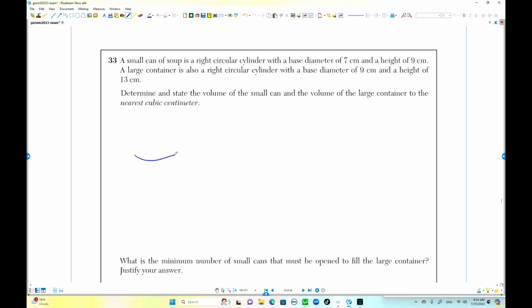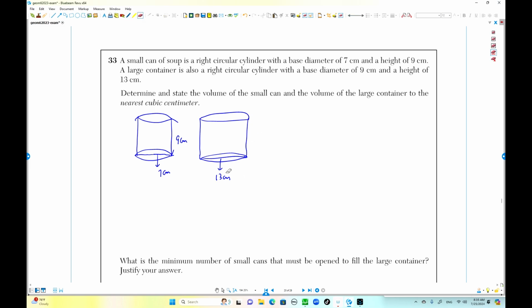The diameter over here is 7, and the height is 9 centimeters. That's the cylinder. A larger container is also a right circular cylinder, diameter is 9 centimeters, height is 13 centimeters. Determine the volume of the small can and the volume of the large can to the nearest cubic centimeter.